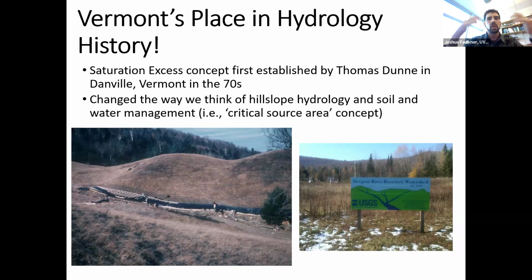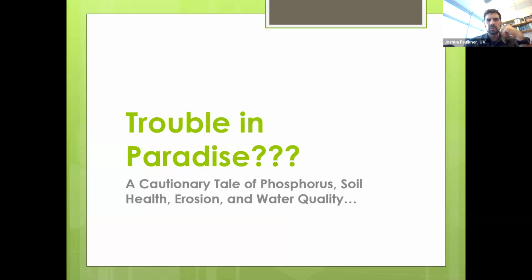And all of a sudden, once we understood how runoff could be produced this way, we started to see this elsewhere within the country and the world. And so it really changed how we think about and how we model and account for runoff being produced in some areas. So just a neat little piece of trivia there.